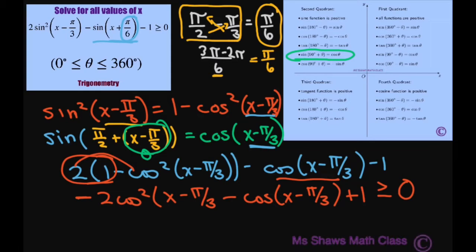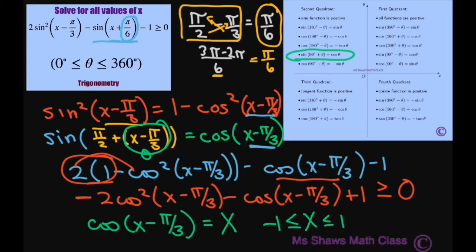Now that we have that, let cosine of x minus pi divided by 3 equal big X. I'm doing substitution because I want to factor this. That means my big X is restricted between negative 1 and 1.